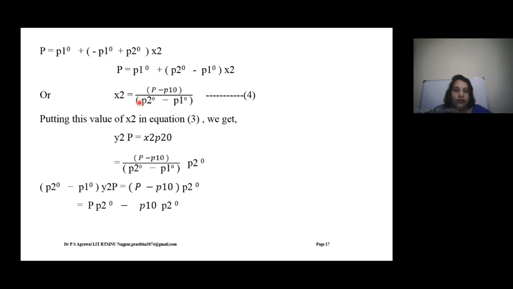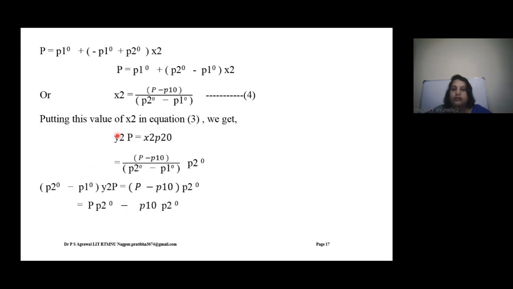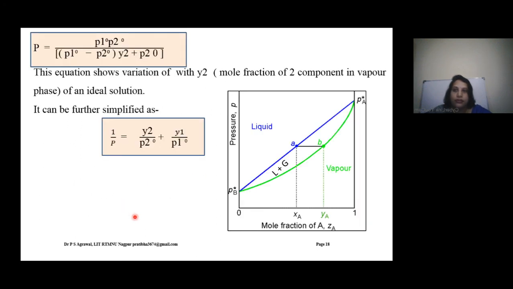Putting this value of x2 here, we will get this. Or we can reach the conclusion that P is equal to this. This is a simple mathematical derivation which can be asked in the exam many times.